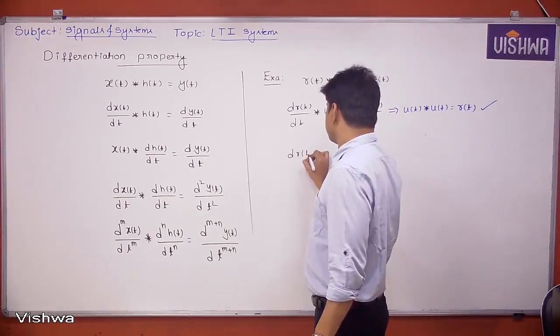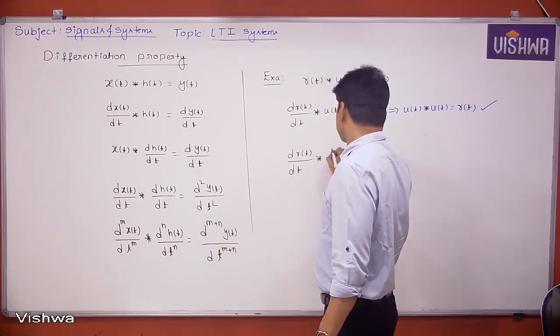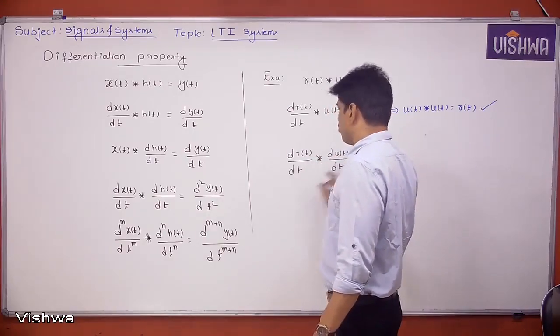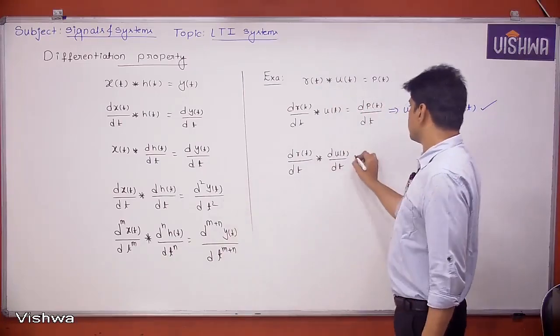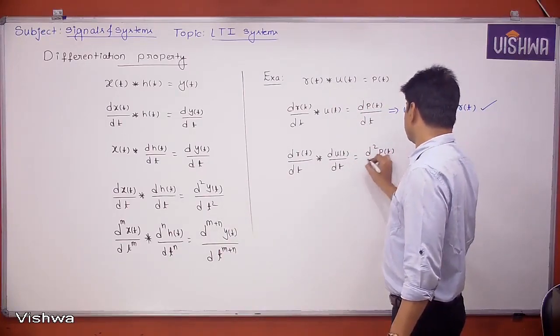Suppose if I do differentiation like this, dr of t by dt convolution with du of t by dt. From the property, we have to do the differentiation 2 times, d square p of t by dt square.